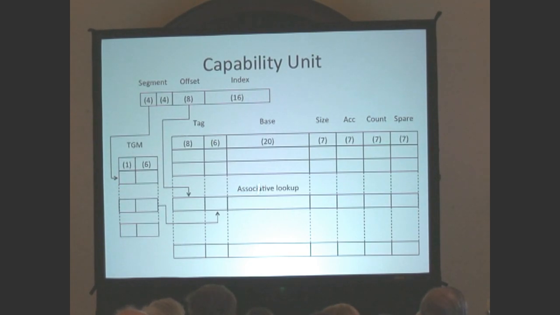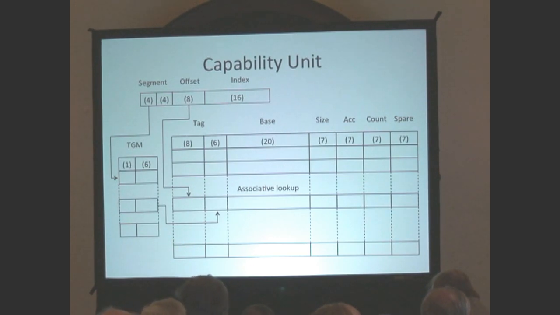Now the problem with that kind of structure is every time you switch protection domain or process, you'd have to flush all this because the address space changes. And so the trick was there was a small 16-way table called the TGM, and effectively what you would do in this is put for each capability table a set of keys such that each different protection domain had a different key, and in the associative part here, you put the key that corresponds to the particular protection domain that owns the capability.